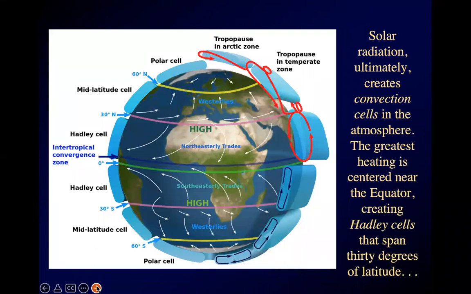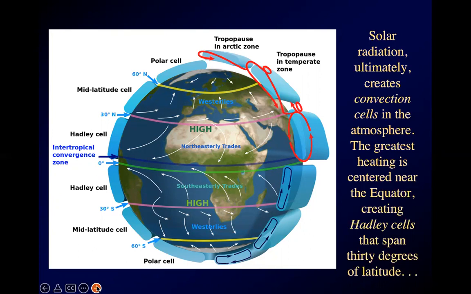Solar radiation ultimately does this on a global scale. Solar energy is hitting the Earth most directly pretty close to the equator. It's not exactly on the equator because the axis of the Earth is tilted, but let's not get into that right now. You may well have noticed that the closer you are to the equator, the warmer it tends to get.